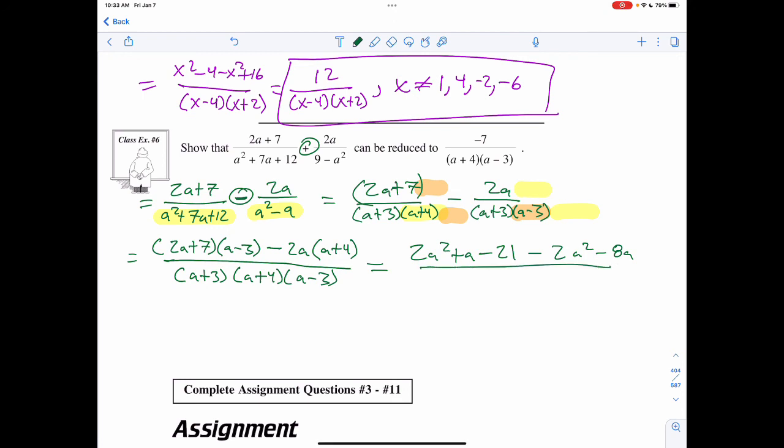All over the same denominator, (a plus 3)(a plus 4)(a minus 3). Combine my like terms, and I get negative 7a minus 21 over (a plus 3)(a plus 4)(a minus 3).